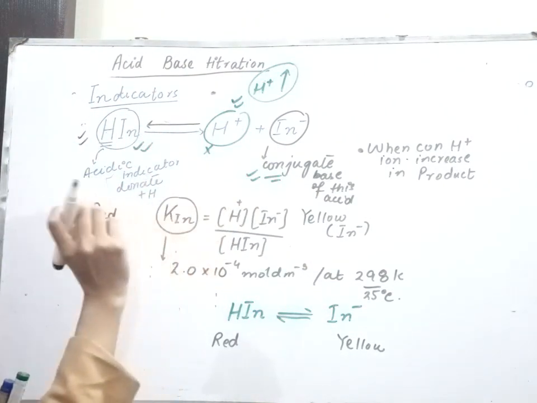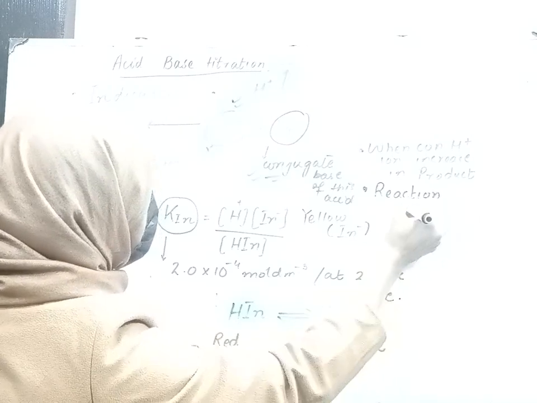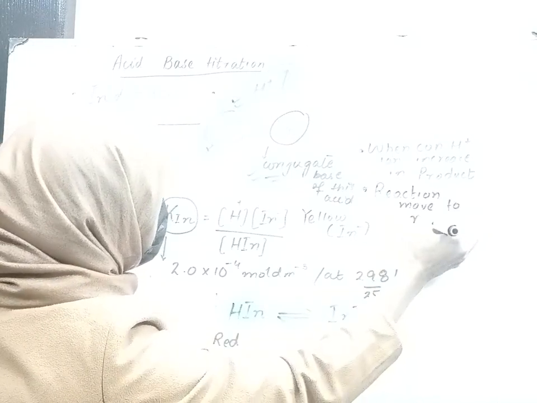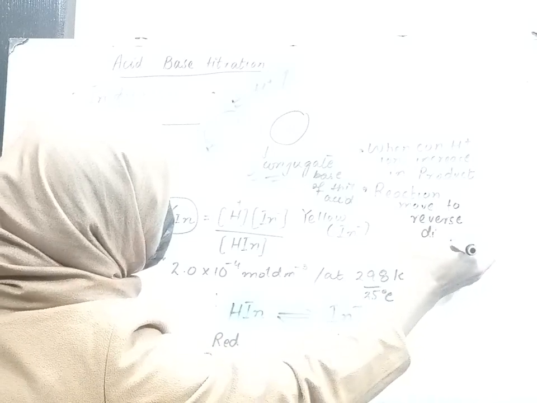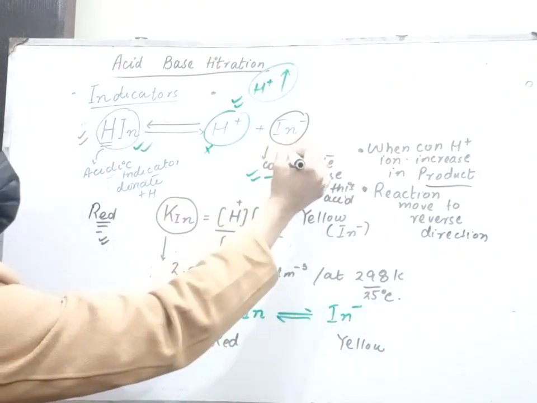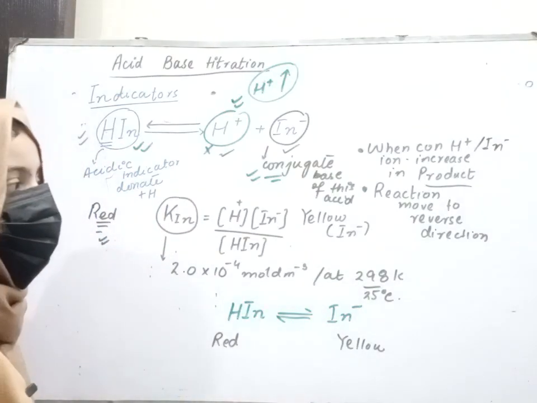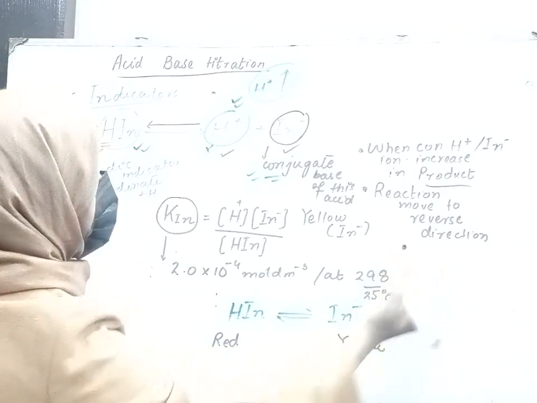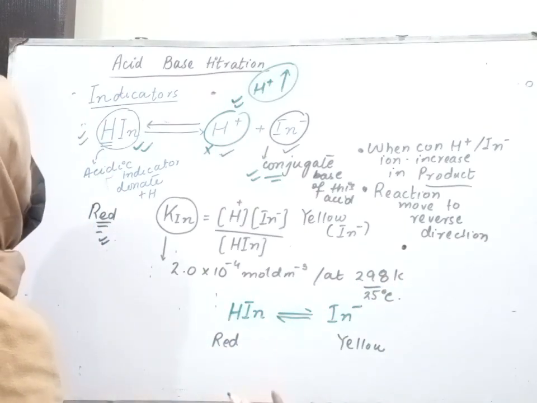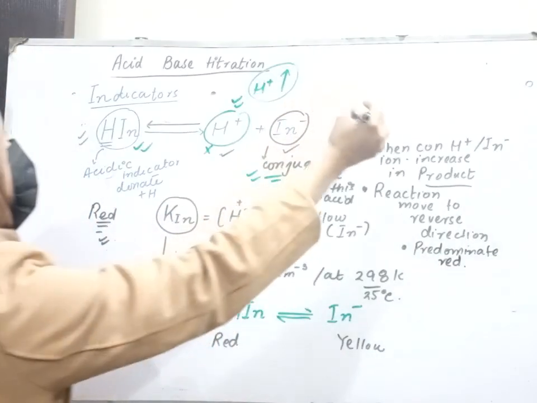When the products increase, the reaction will move to the reverse direction. Means when the concentration of In negative or H positive, any product concentration, increases, the reaction will move in the reverse direction. And here the color that predominates will be red. This is case number 1.